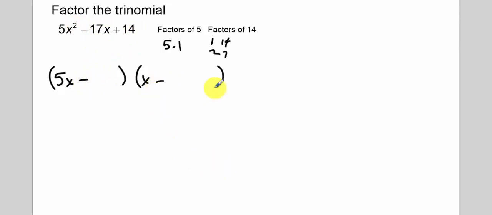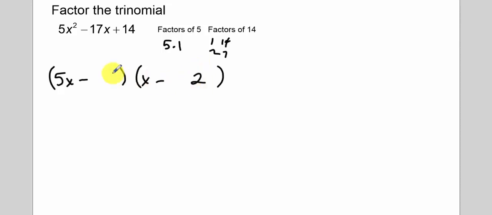So now I could use 14 and 1, but if I put 14 here, that's going to be a problem because 5 times 14 is a huge number. If I put 1 here, that's 5, but then I have a 14 here, and 5 and 14 is 19, no go. So I'm going to go with a 7 and a 2. Again, if I put my 7 here, I have a 35, which seems a little big.